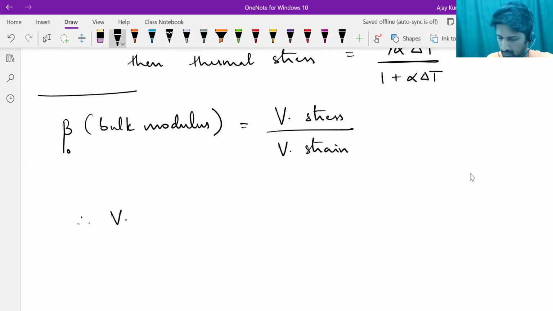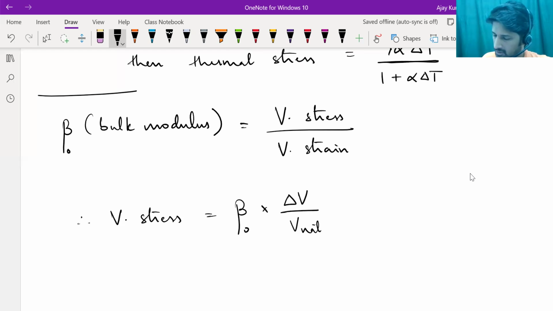Therefore, if you want volumetric stress, it becomes bulk modulus multiplied with volumetric strain. How do you calculate volumetric strain? Change in volume divided by natural volume when there is no stress. How much volume would it have occupied? That is the natural volume.